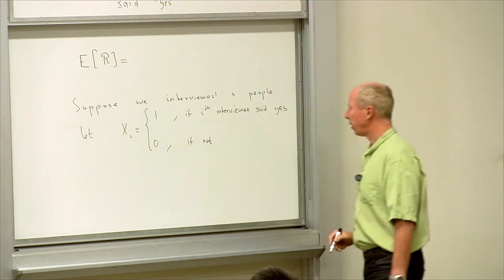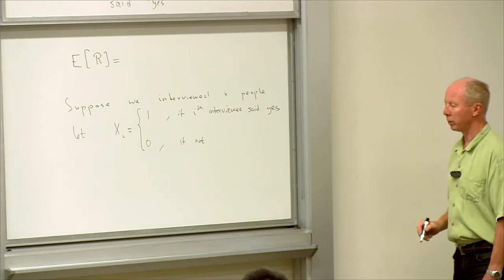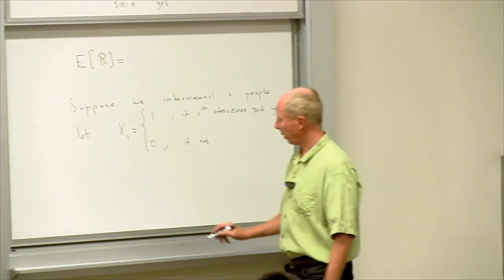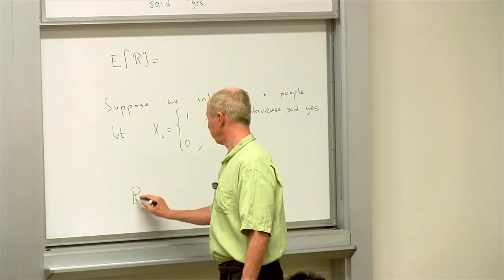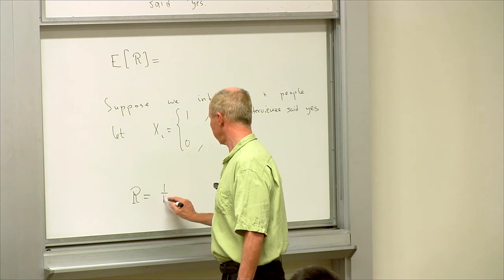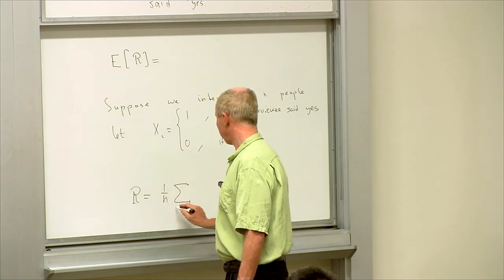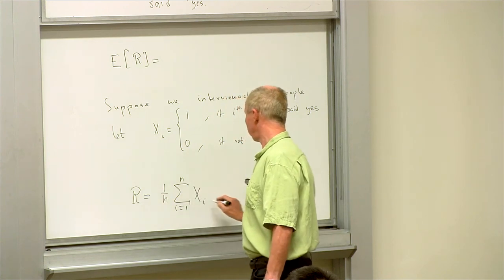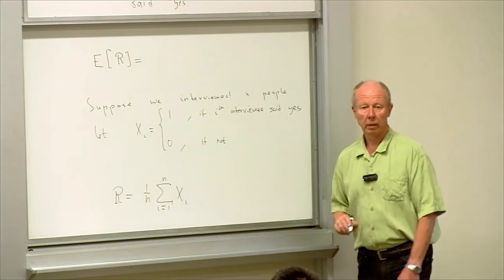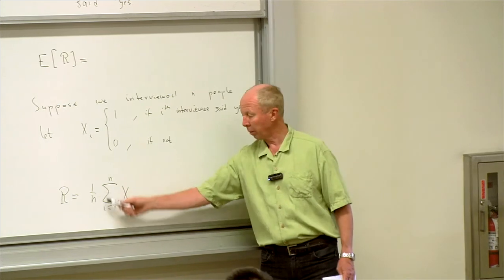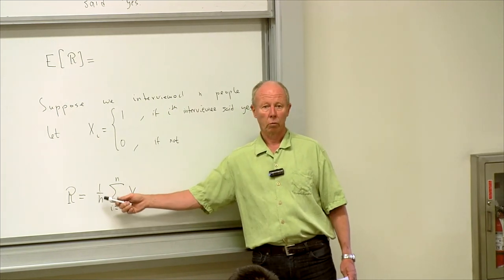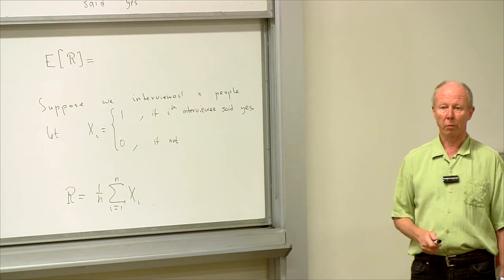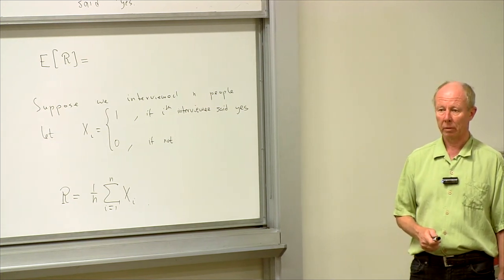Xi is 1 if the ith interviewee said yes, and it's 0 if he or she said no. And then R would be what? One over the number of interviewees times this, right? This would be a count of how many yeses we got. And 1 over the number of interviewees times the number of yeses would be the proportion of yes answers.